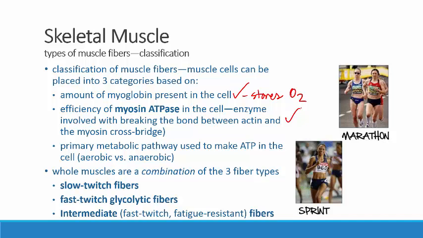And then the third category is the metabolic pathways that are used to make most of the ATP in the cell. Because some cells have more aerobic means of making ATP, while other cells have more anaerobic means of making ATP.